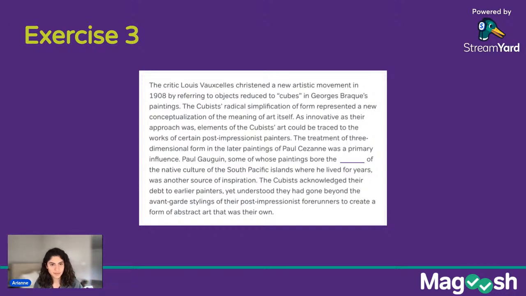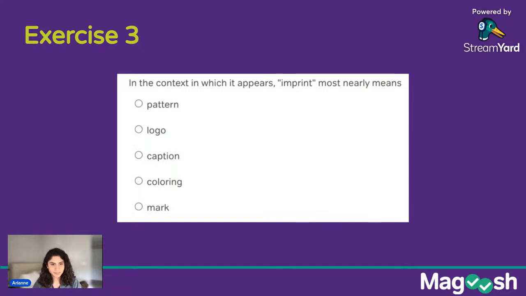That we have this influence of this native culture. So I'm going to go ahead and put evidence. There is some sort of evidence, that's my prediction, that this culture influenced the paintings. So with that prediction, let's go over to our answer choices.